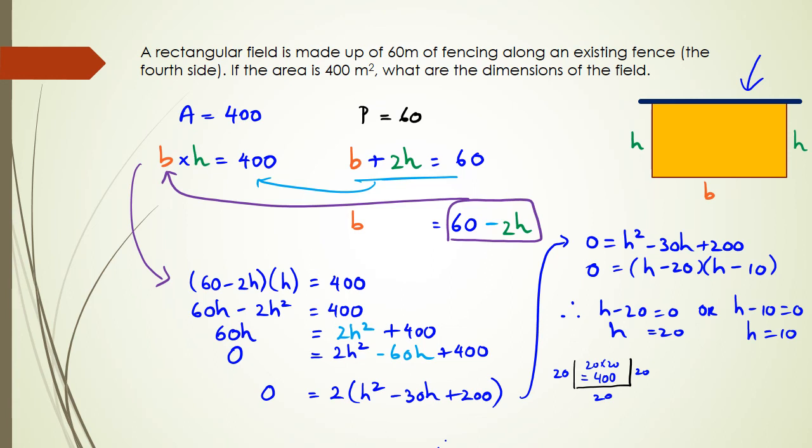Okay, so you could have a 20 by 20 rectangle, or the second rectangle is, because you've got 10 as the height, so that'll become 10 and 10. That means you've got 40 left over for the perimeter, and then 40 times 10 is also 400. So your second rectangle is 40 by 10. Okay, so you've actually got two possible rectangles for this particular situation that we've been given.